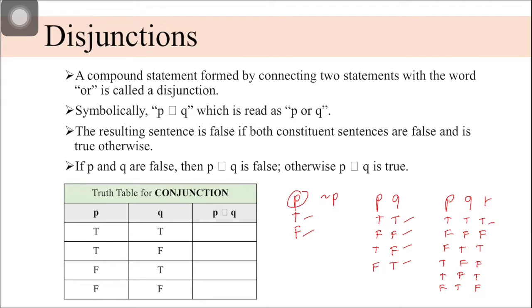Pila ni kabuok? 1, 2, 3, 4, 5, 6. 8 ni sila kabuok. So, unsay kulang? True, true, true, false, false, false, false, true, true, true, false, false. False, false, true, true, true, false.